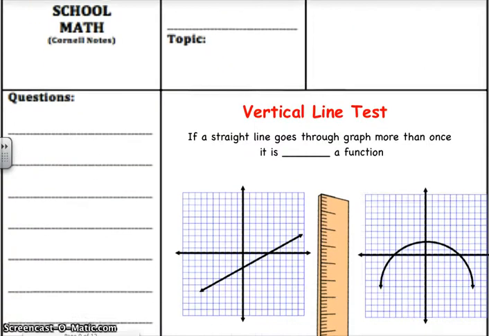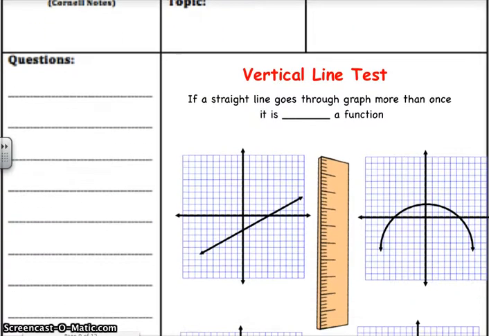All right, so we can identify functions. Remember, function means that for every x, there's one y. Every x has one y. And knowing that, that's the basic foundation, I can apply what's called the vertical line test to any graph. If a vertical line goes through the graph more than one time, it's not a function.